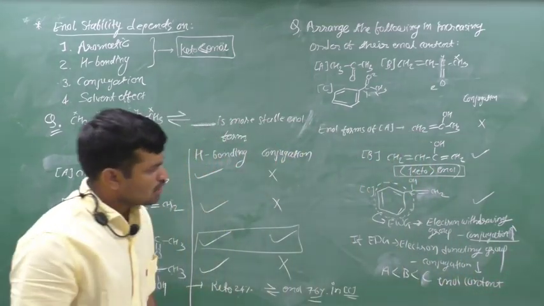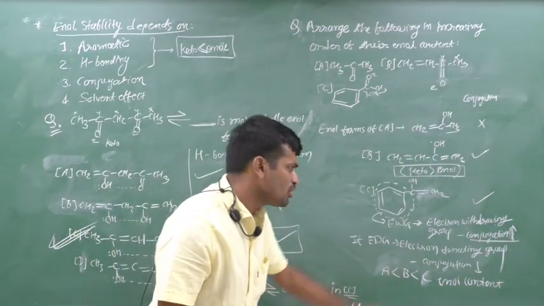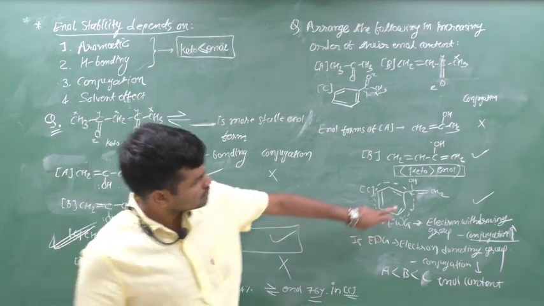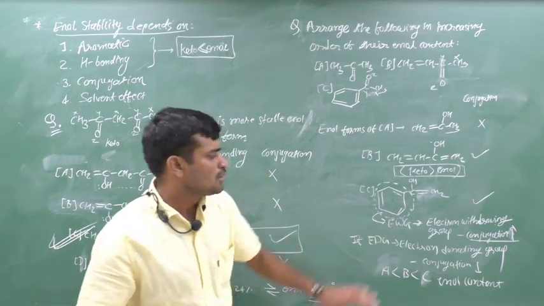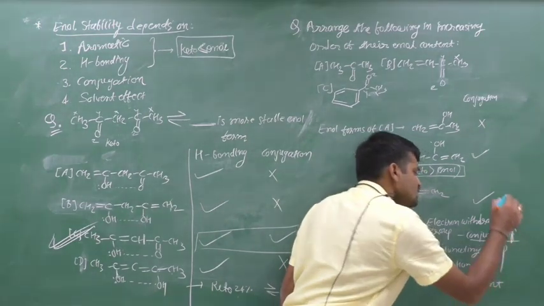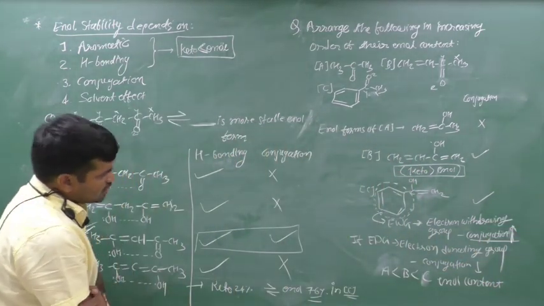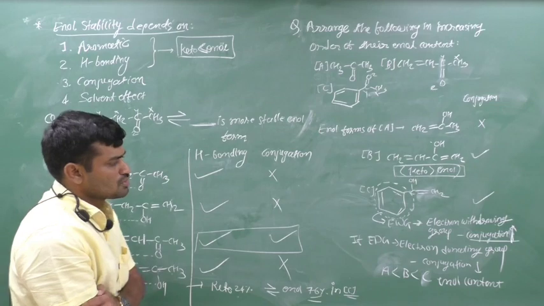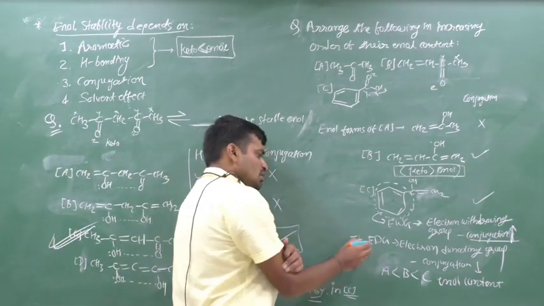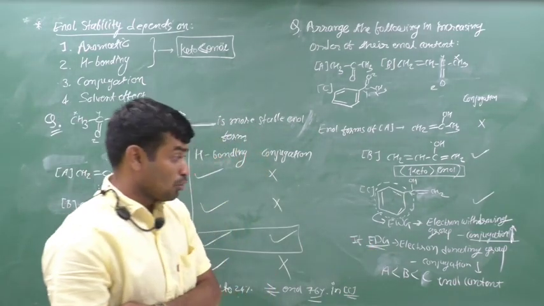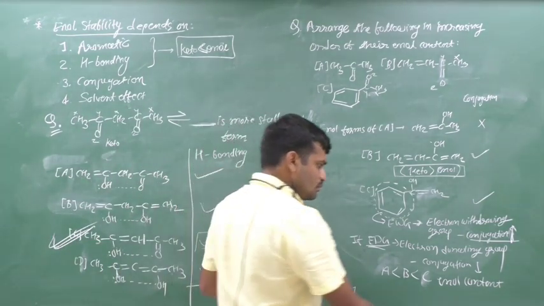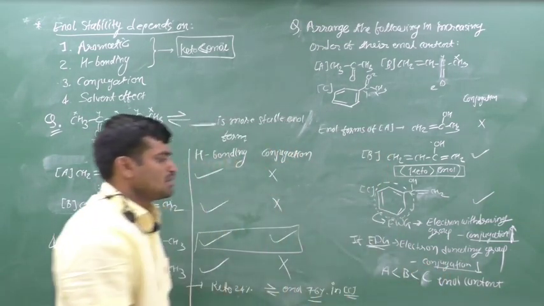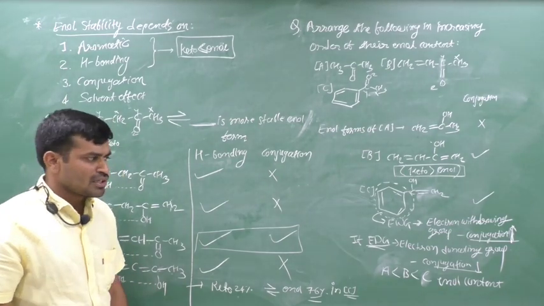If the double bond or single bond contains an electron withdrawing group, or the compound contains one, its conjugation increases, and if conjugation increases, then stability increases. We know that. Suppose we have an electron donating group, then conjugation decreases and stability of the enol content decreases.